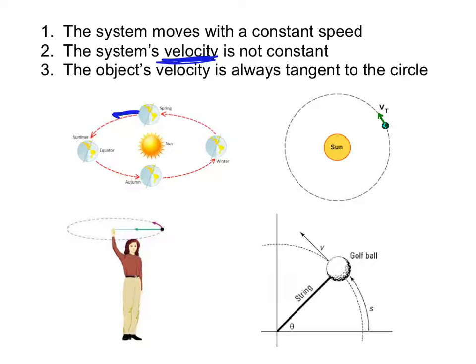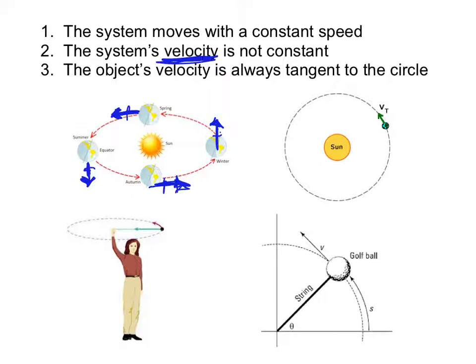Looking at our Earth here, yes, it's true, the Earth does have the same speed all throughout, but its velocity changes direction. When we take a look at the direction of the velocity, these arrows may be the same length, however, they always point in different directions because the Earth's traveling in a circle.